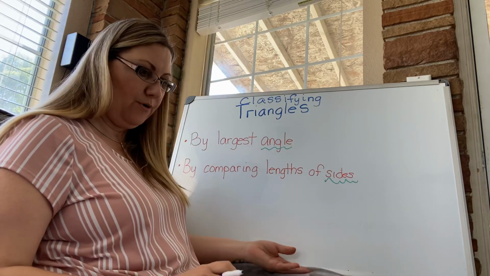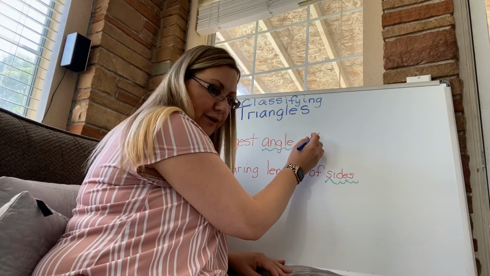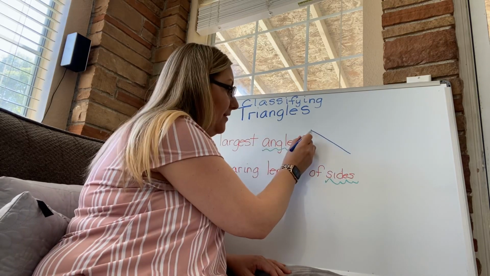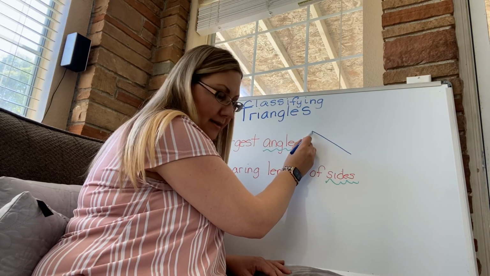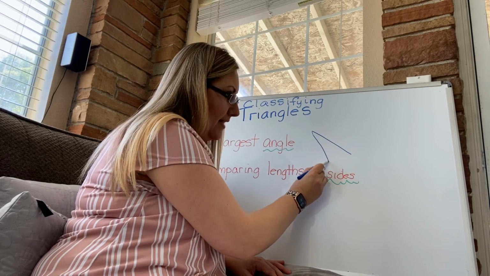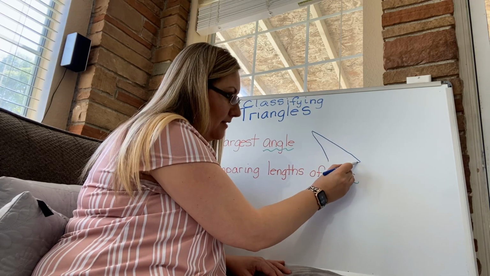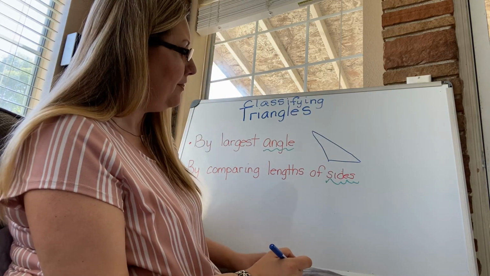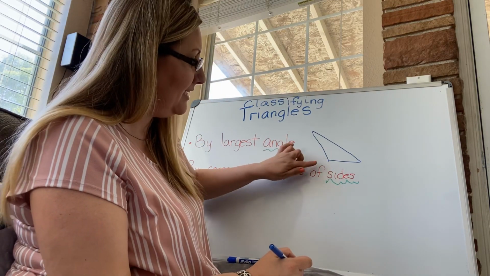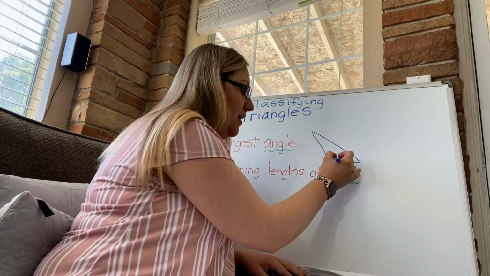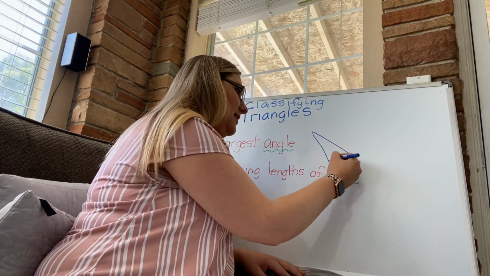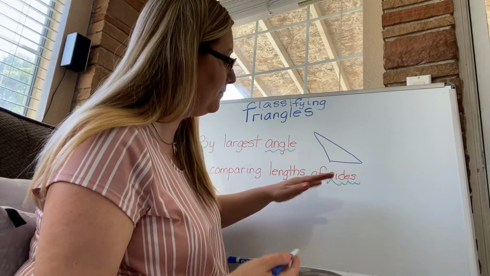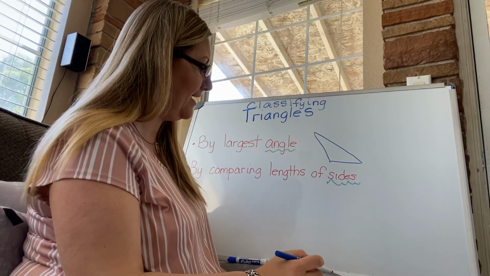So, for example, let me draw it up here for you. If we have one very long side and a smaller side, then you can kind of see that this is not a 90-degree angle. It cuts off to the left a little bit wider than a 90-degree angle.